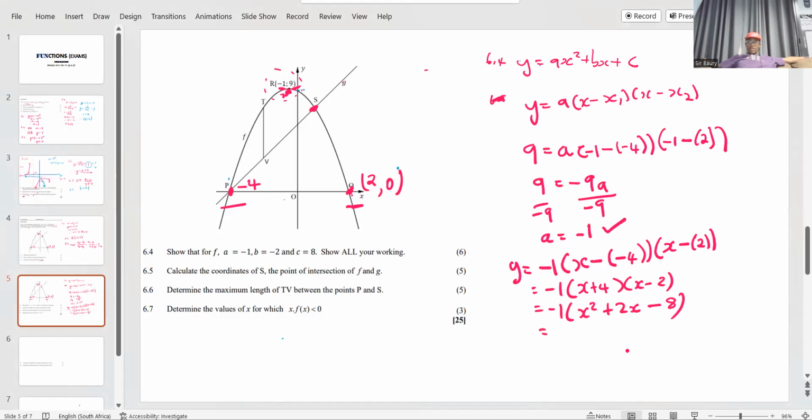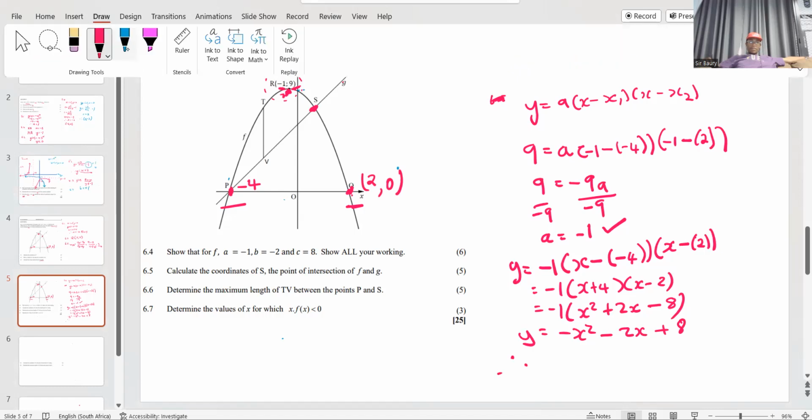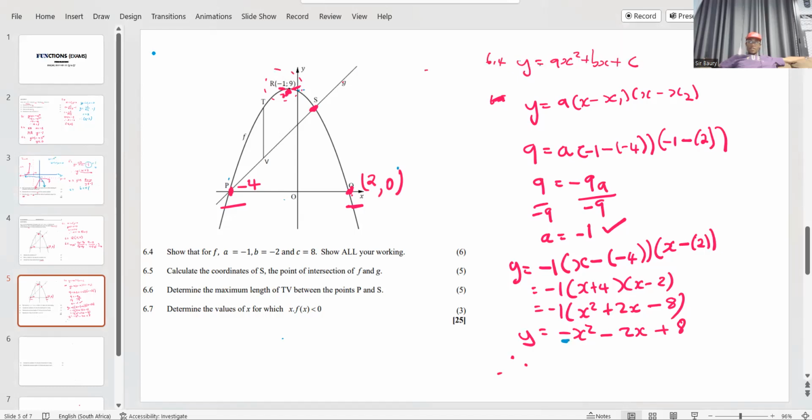So breaking that down, it's -x squared minus 2x plus 8. That is y. Therefore, I found the value of a, so -1, the value of b is here, and then the value of c. b is the coefficient of x, and c is the constant. There's 8. b equals -2, then c equal to +8.